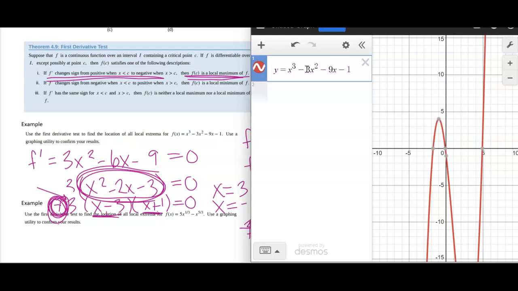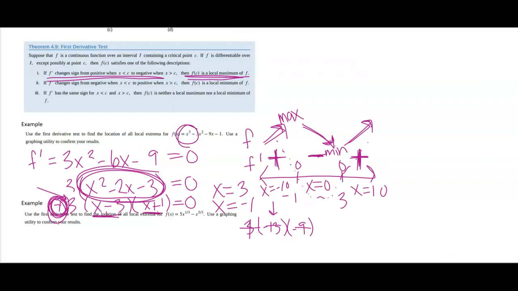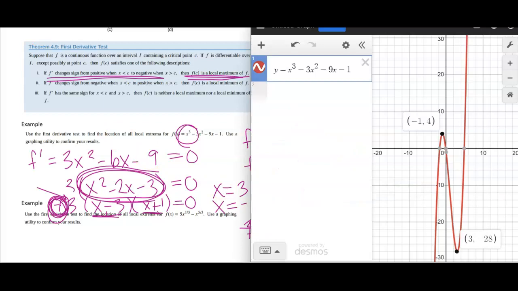All right, and then I see here that I do have a relative maximum at x equals negative 1. I do have a relative minimum at x equals 3, and this is a cubic function with positive slope, so it makes sense that this would be the graph here.